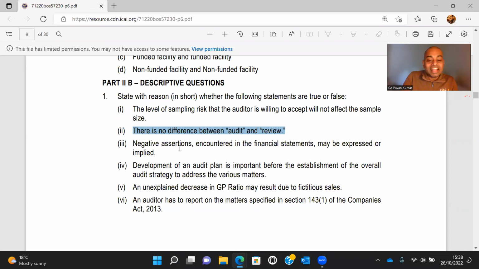Okay, so negative assertions encountered in the financial statements may be expressed or implied. Oh my God. So guys, do you think 3 is correct or incorrect? How come everybody is giving correct answers? Hey, you are doing cheating, reading answers simultaneously.